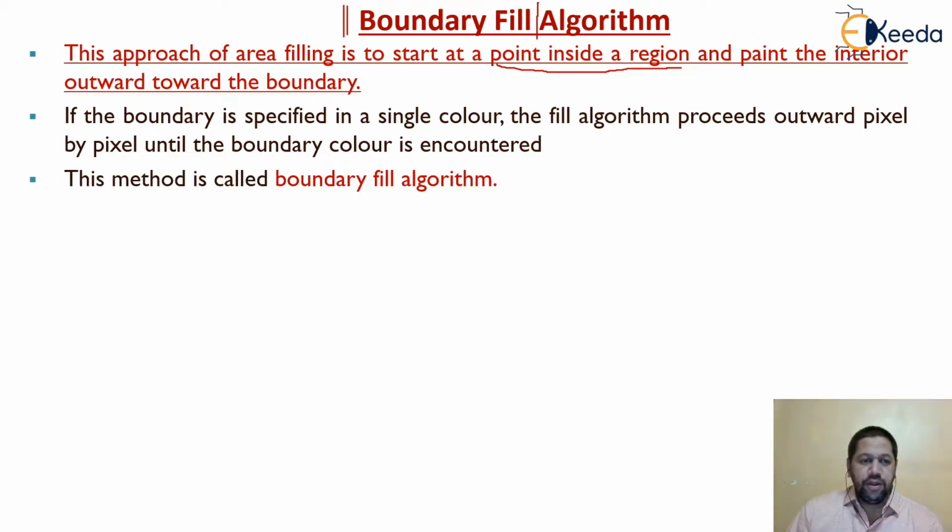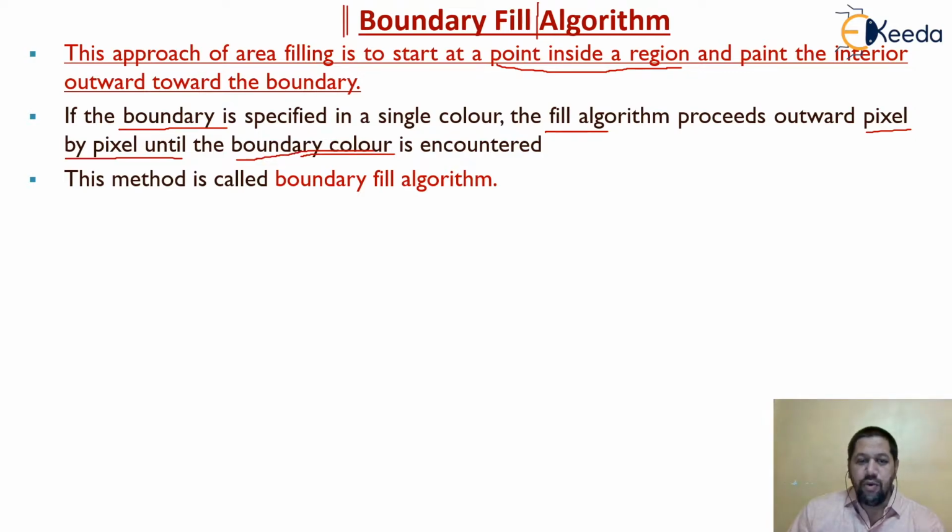Now if the boundary is specified in a single color, and the fill algorithm proceeds outward pixel by pixel until the boundary color is encountered, my algorithm is going to fill the color pixel by pixel until I reach the boundary color.